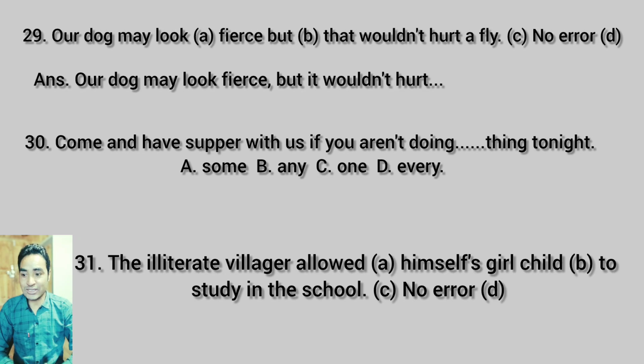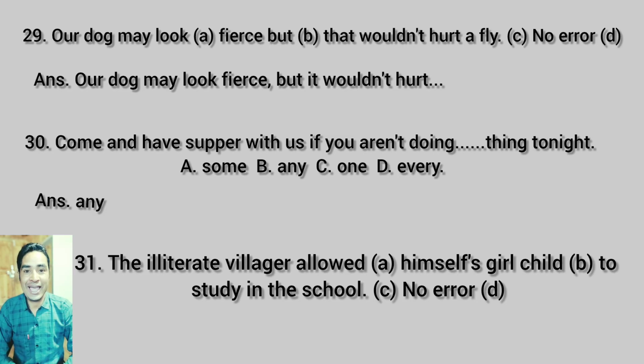Next question. Question number 30. Come and have supper with us if you aren't doing dash thing tonight. Something, anything, one thing, and everything. Which one is suitable? The answer is anything. Come and have supper with us if you aren't doing anything tonight.